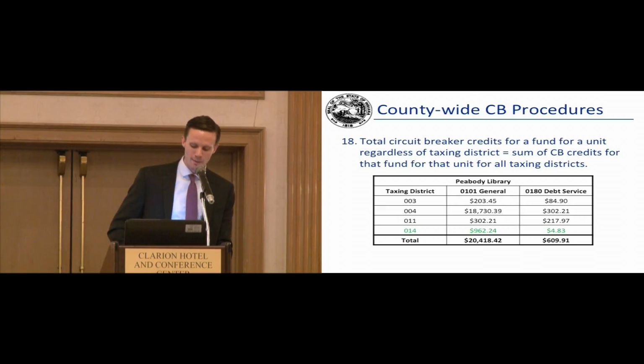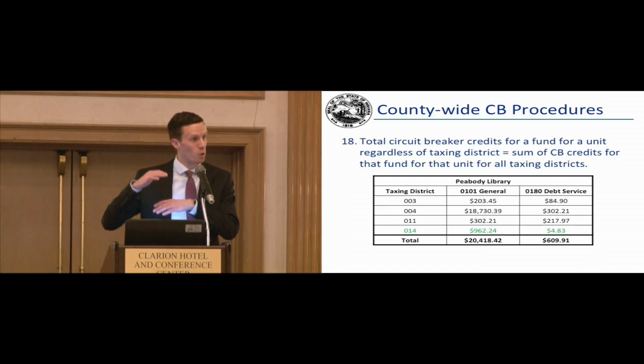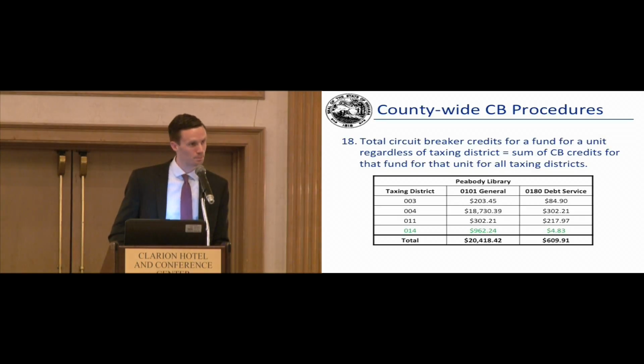So for Peabody Library, we've got $21,000. It's going to be split up among the two different funds, $20,418 and $609.91. And then going back to our PowerPoint presentation, we know that those two amounts are going to be the total of what happens when we add together the impact to each fund for each taxing district within the county.